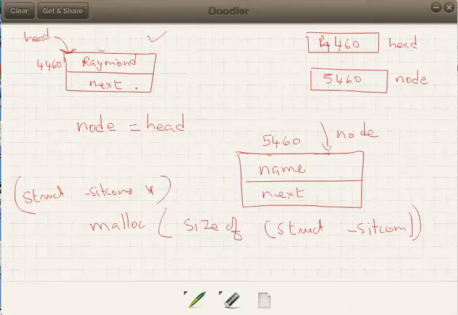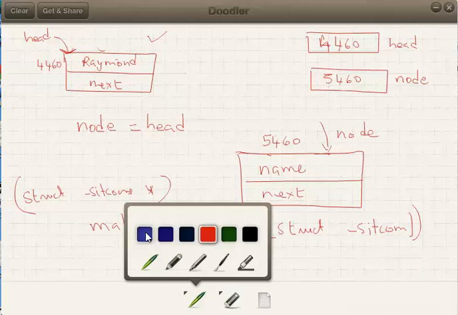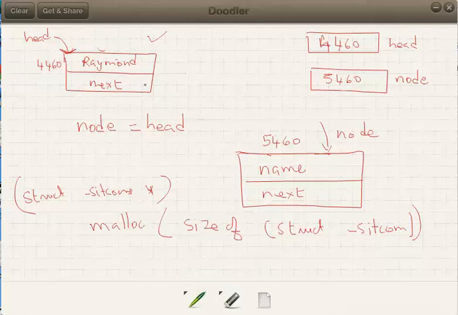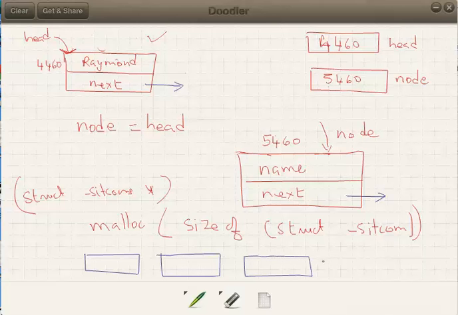But look at this guy. He is hanging. This pointer is supposed to point somewhere, right? Just like an engine in a train. This is a car. This is a car.